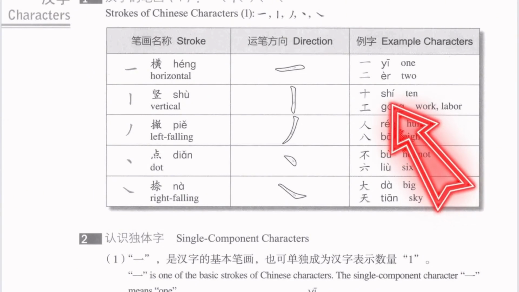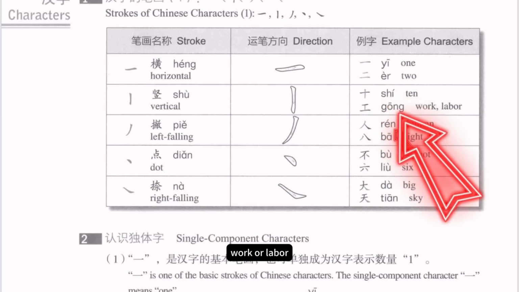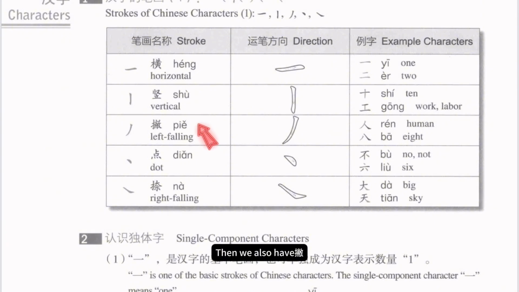Or 工,工, work or labor. Then we also have 撇,撇, like in the character 人, 人, or 八, 八, 8. 点, 点. Very good.